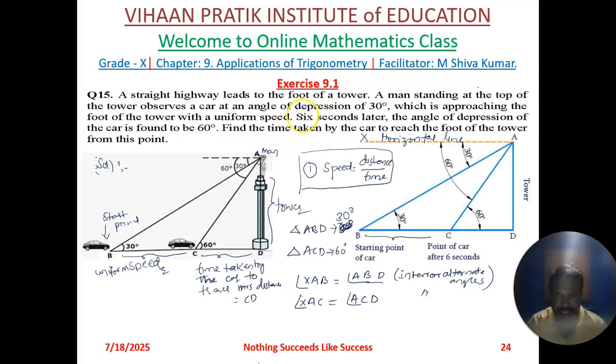6 seconds. So 6 seconds later, it is saying that 6 seconds later. So the time taken to travel from the first point of the car to the second point is 6 seconds.